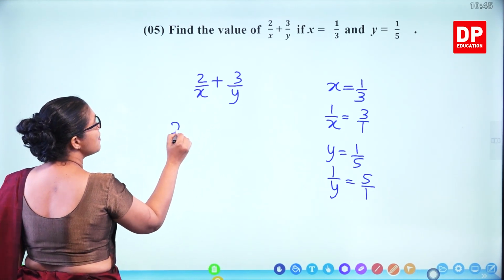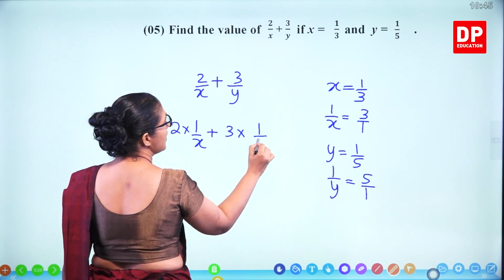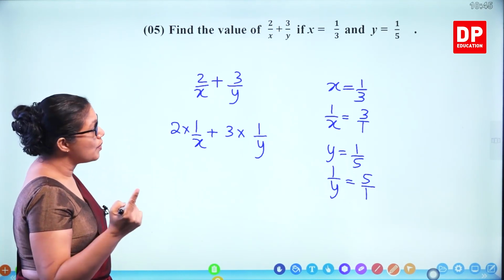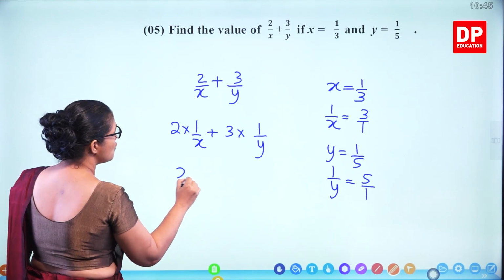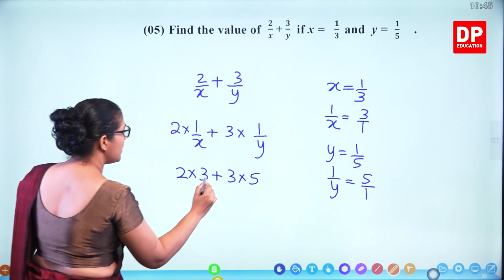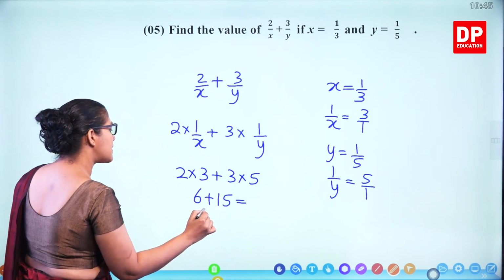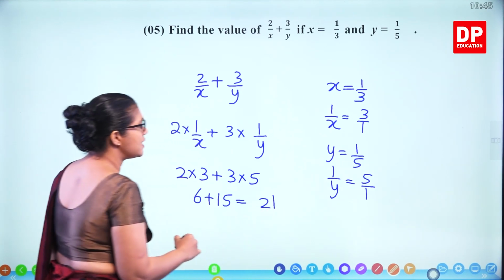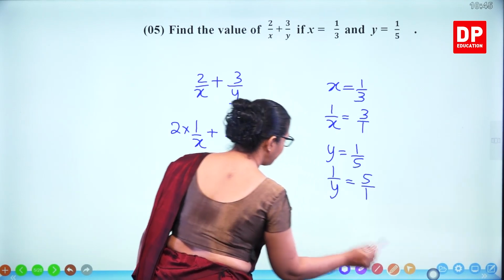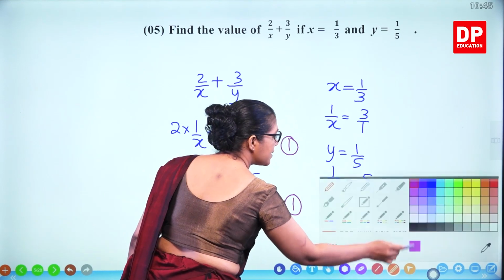This is 2 times 1 over x and 3 times 1 over y. So 1 over x is equal to 3, that means 2 times 3 and 3 times 5. That's 6. 3 times 5, 15. 15 plus 6, 21. So you get 2 marks for that, 1 mark and 1 mark for the method.